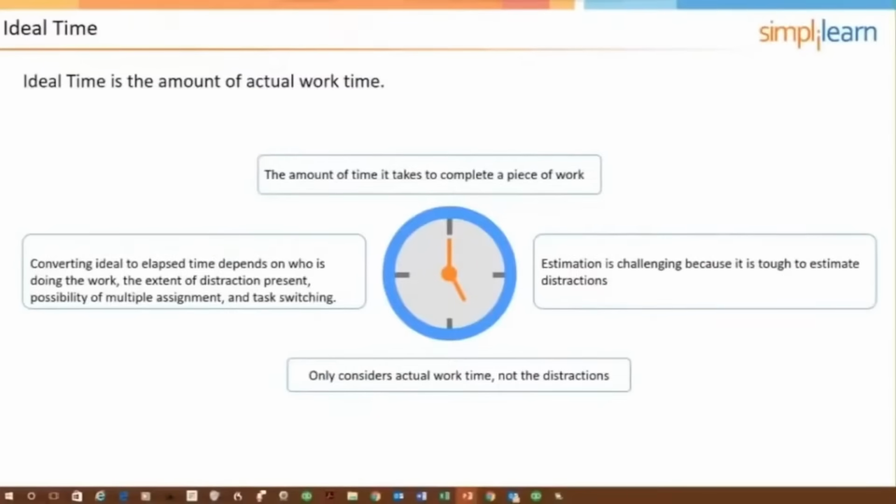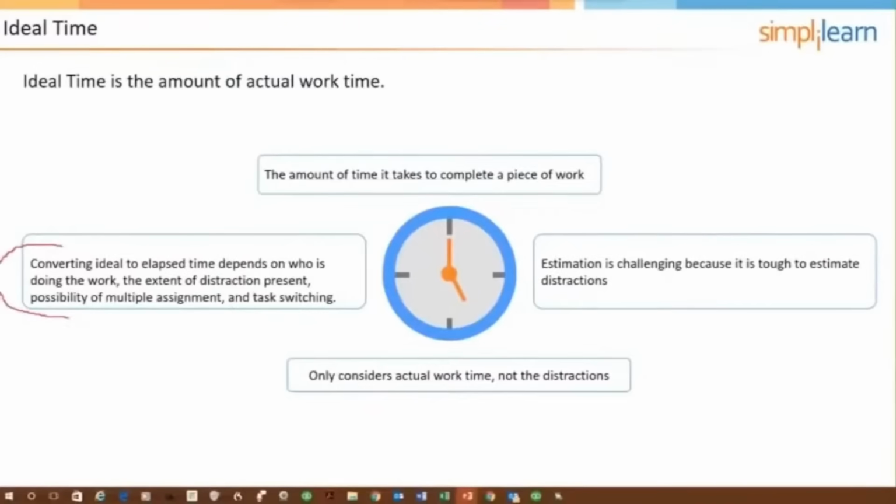That's what ideal time is. But the thing of it is that there is no such thing as somebody being able to spend every minute of every day only doing work. There will be distractions.